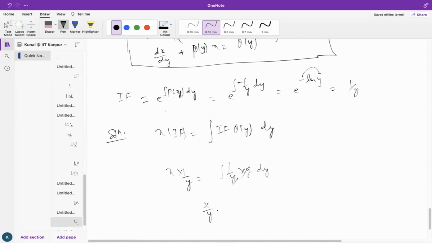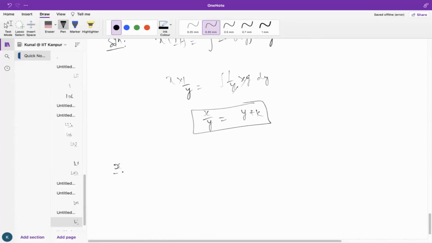So here we get x by y, and there we get y plus some constant. So x by y is equal to y plus k is the general solution for the given linear differential equation.